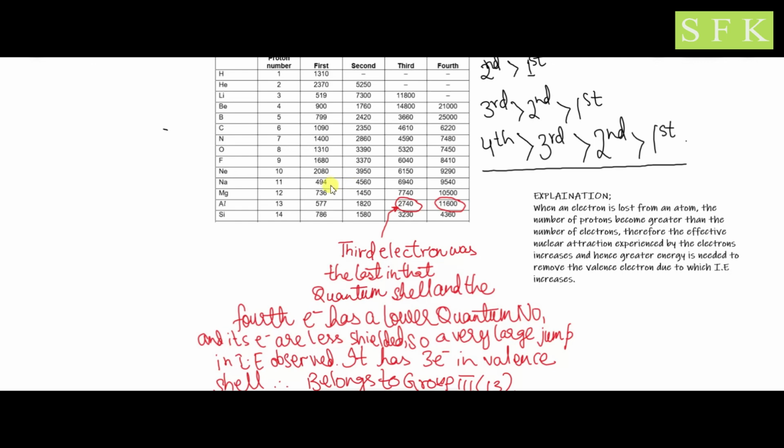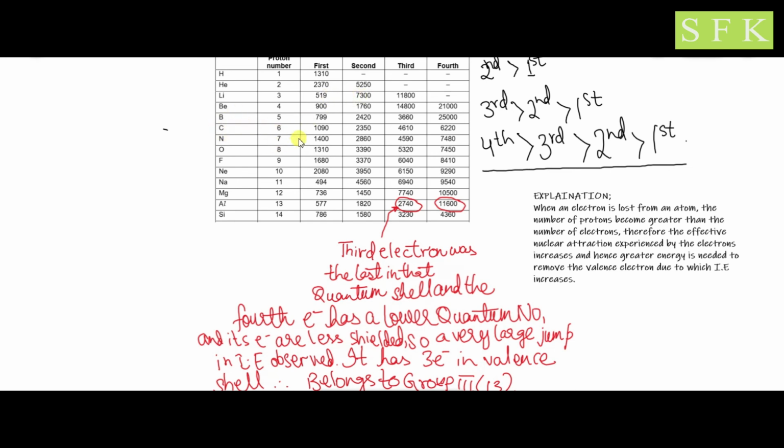The greatest percentage increase is in between the first and the second ionization energy. Therefore, its group is group 1. The first group is the group of sodium. Similar is the case with lithium. The biggest percentage jump is observed from first to second.